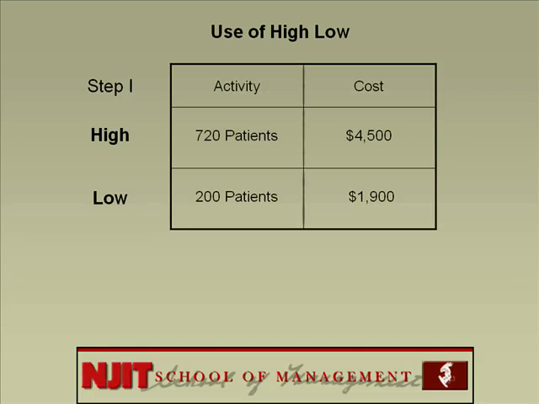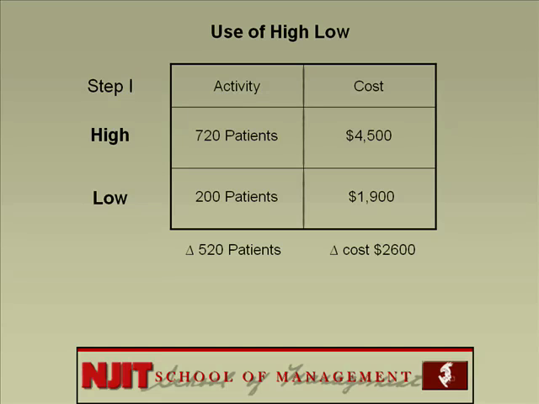So that's the first step in high-low. Take the highest activity and find out the cost. Take the lowest activity and get the related cost. The next step is get the difference. So for a change of 520 patients, the cost changed by $2,600. Only variable cost changes with an activity.